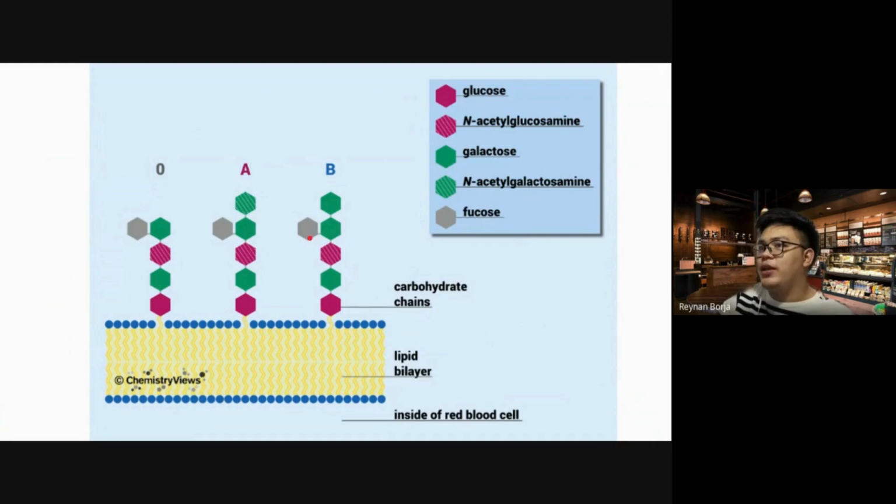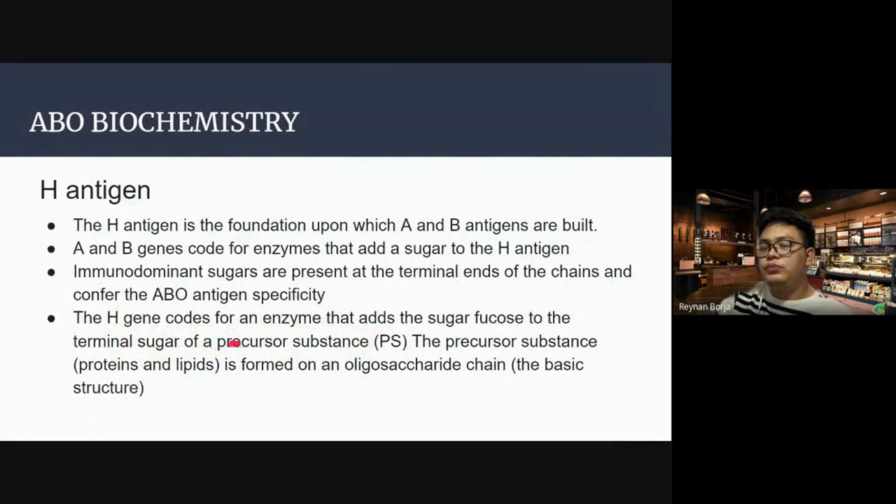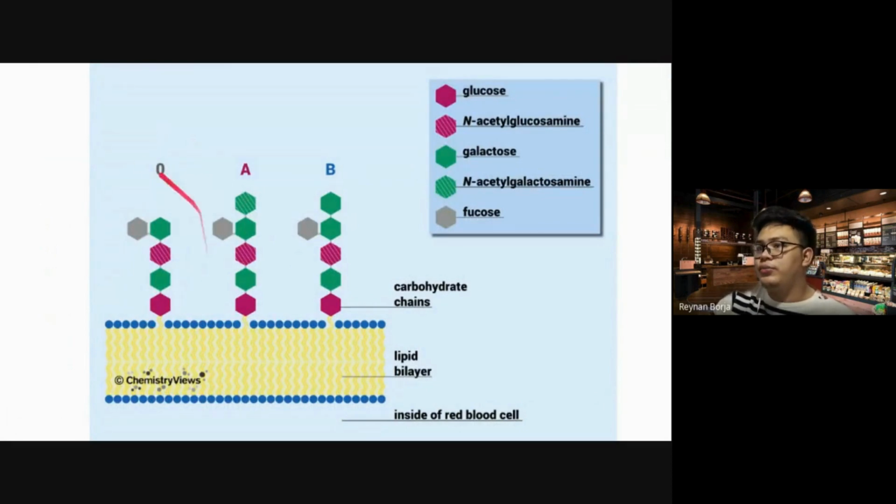Remember that one. Yan yung ating H antigen. So itong nakalagay dito sa blood group O, yan sinasabi nating H antigen. Sabi dito, foundation ng A and B is your H antigen. So ito na yun. Si blood group O. Okay? Okay?